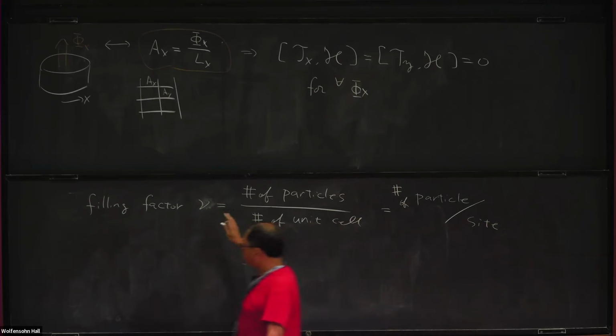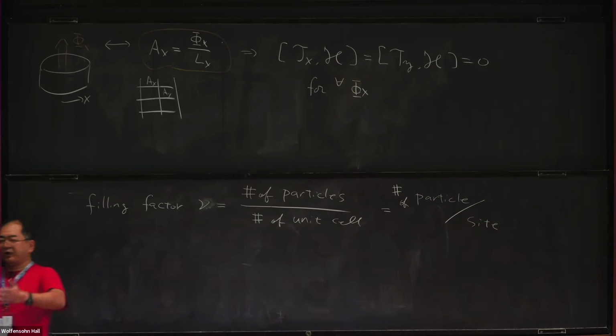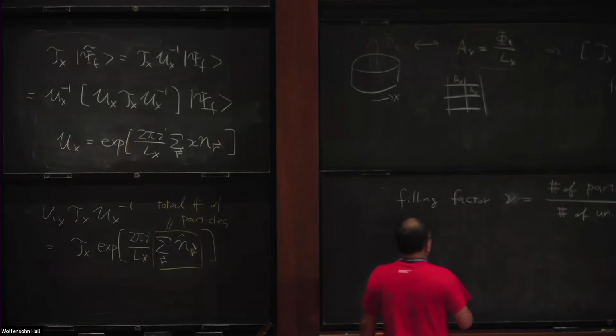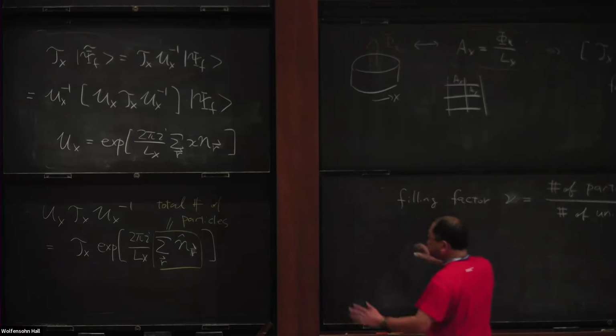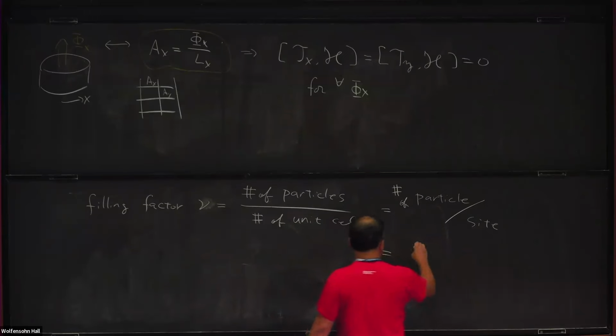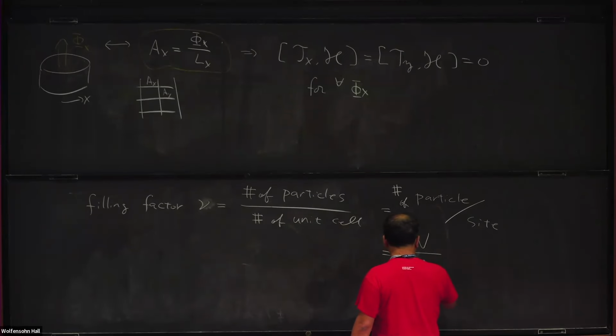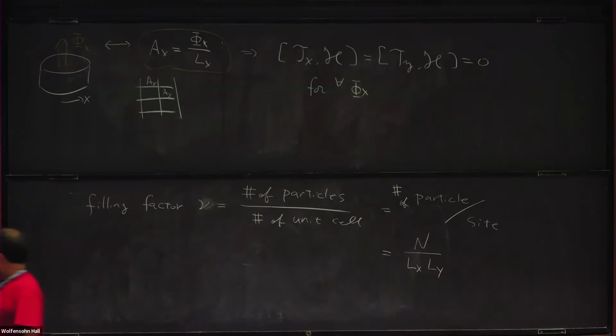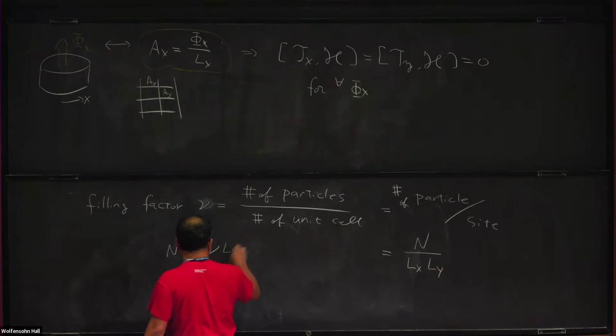But anyway, I want to fix nu and consider very different system sizes, and eventually consider the limit of large system size. For a two-dimensional system, this is like the total number of particles divided by Lx and Ly. So this total number of particles N is nu times Lx Ly.